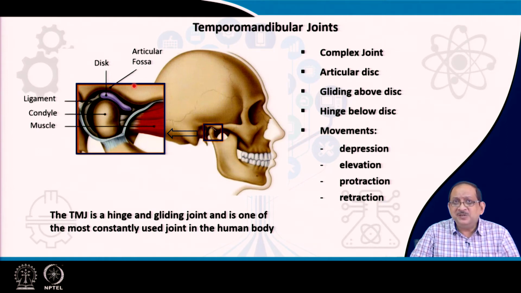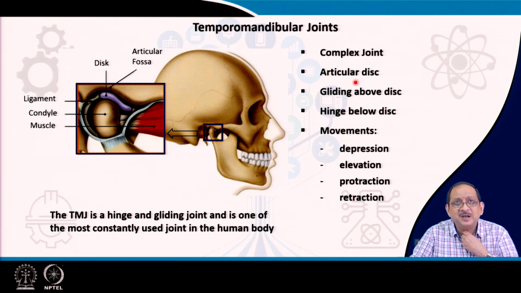It is a hinge and a gliding joint and is one of the most constantly used joints in the human body. You can see in the picture that the mandible articulates with the skull at the temporomandibular joint, which is a highly complex joint.